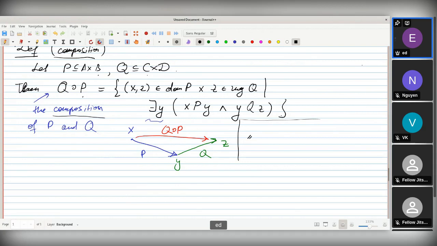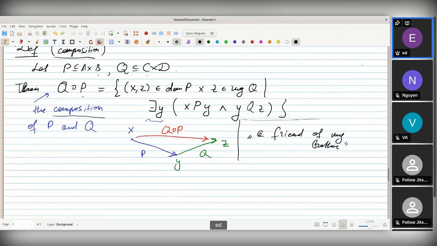Let us see it. For example, a friend of my brother. A friend of my brother. Who is it? How can I describe the set of all such persons?